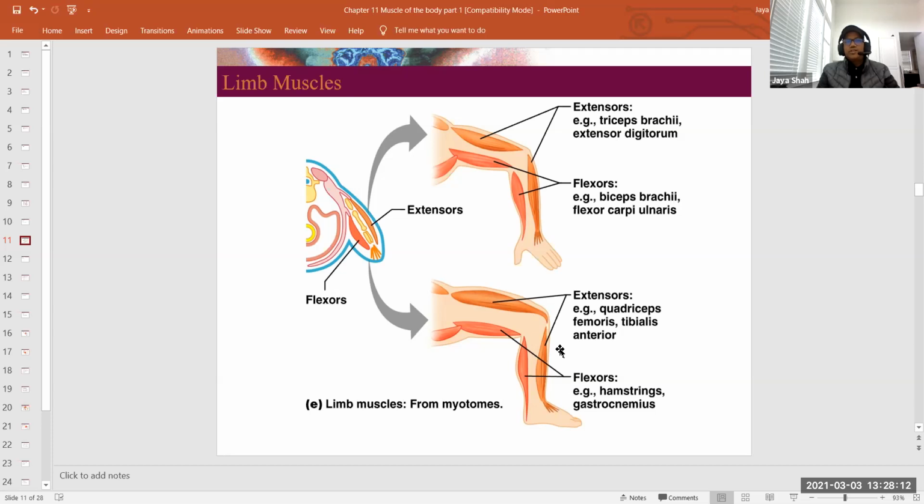This is not a hard question. Can you repeat the question, please? All the anterior muscles in the lower limbs are extensor muscles. True. That's true. All the anterior muscles in the upper limbs are extensor muscles. True or false? False. That's false. Okay.